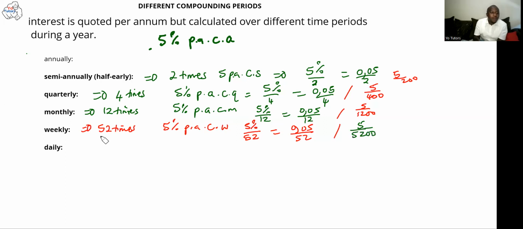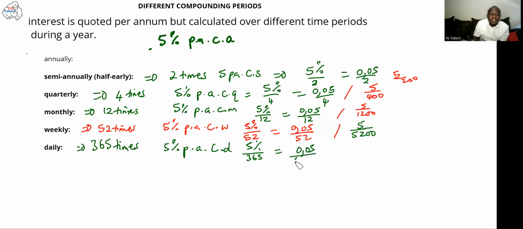What about if it's daily? Daily is 365 times. So if it's 5% per annum compounded daily, it means that it's 5% over 365, which is 0.05 over 365, which you can also put as 5 over 36500.